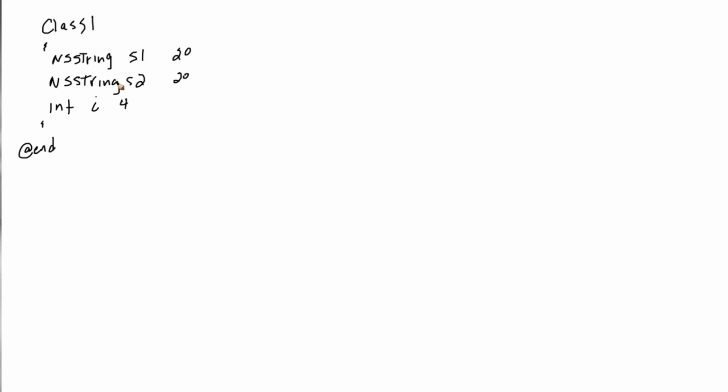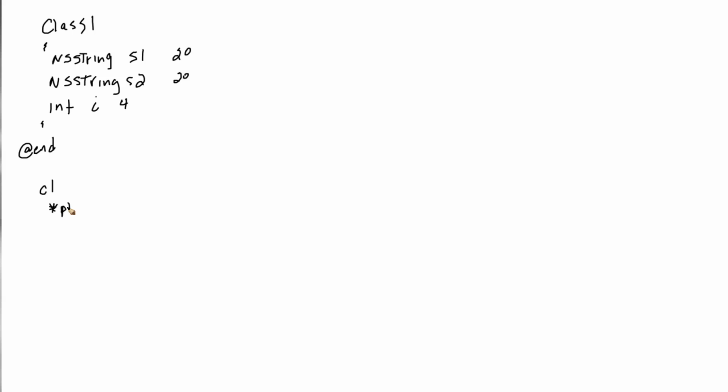Well, what ends up happening inside of Objective-C is when you create an instance of this class, let's say we have C1, which is an instance of that class, the class itself does not actually hold these variables. So when we create this instance of our class, what we end up with are pointers.